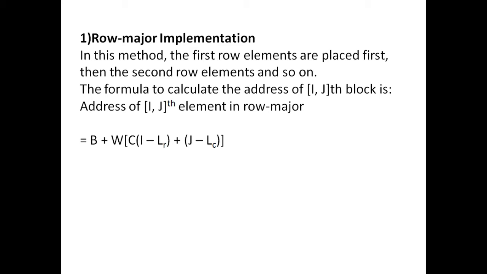If you want to know the address of the I, j element, the formula will be B plus W, then the bracket C into (I minus LR) plus (j minus LC).